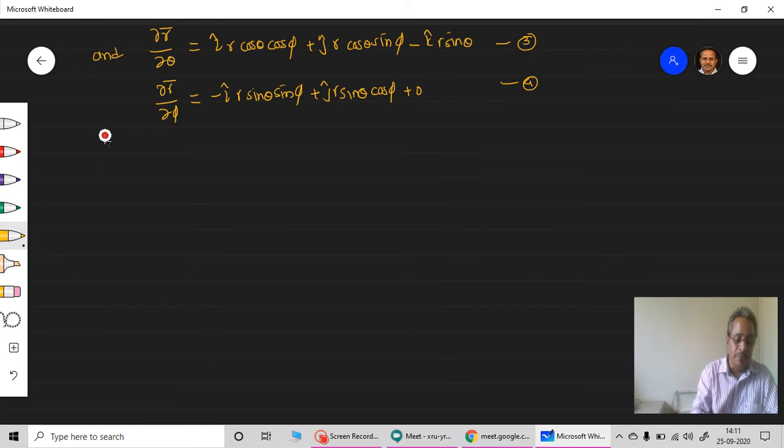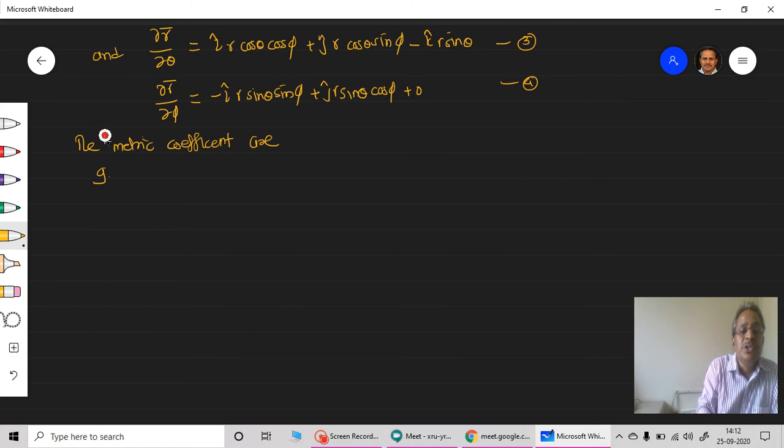Now the metric coefficients. With these equations 2, 3 and 4, we can find out the metric coefficients, and therefore we can go for the scale factors again. Metric coefficients are, first, g11.